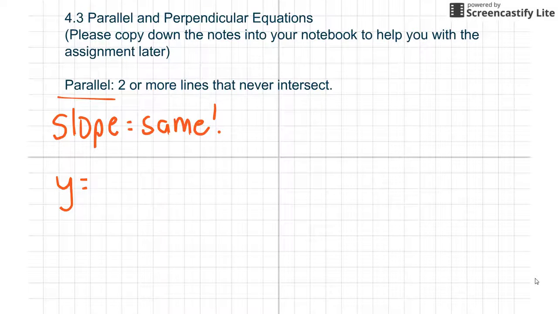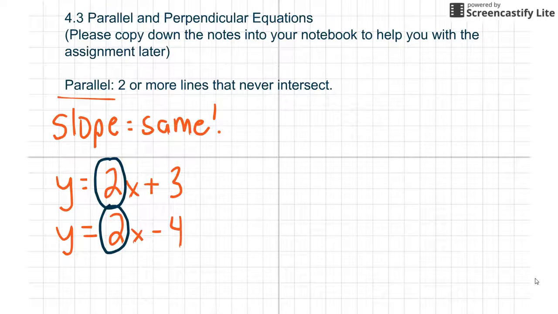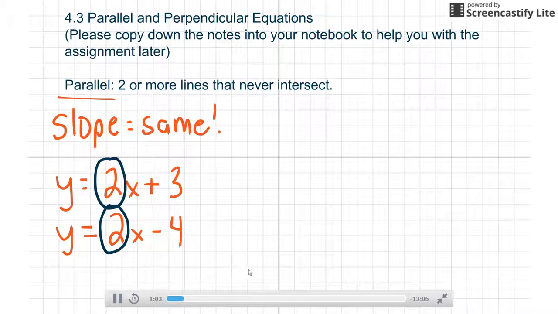So for example, if I had something like y equals 2x plus 3, and I had y equals 2x minus 4, I can tell right away that these are going to be parallel because I'm just comparing the slopes. And if the slopes are the same, they're going to be parallel.